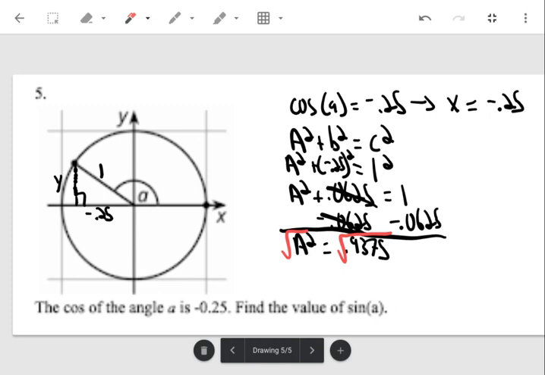Well, notice here the point, the y value, is above the origin, so we're going to take the positive value.